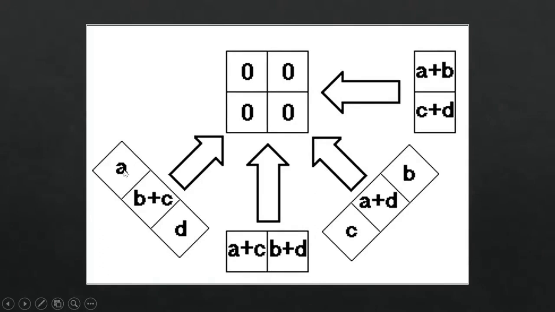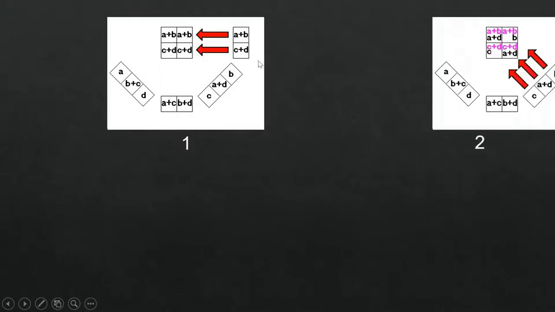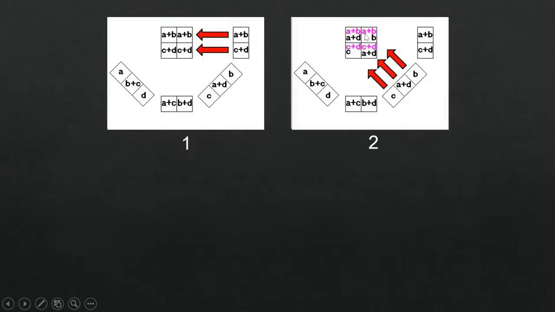So I will input A plus B here and here, and input C plus D here and here, and input B here, and input A plus D here and here, and input C here. So each one returns in the track. Here it returns A plus B, A plus B, C plus D, C plus D. Now return this: B added to A plus D, A plus D added to C here.